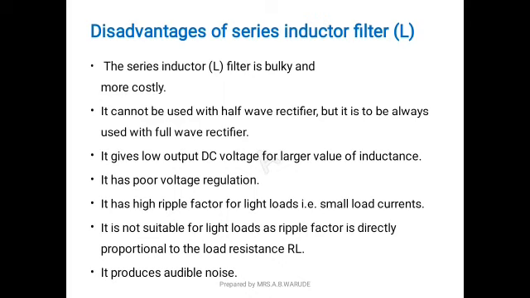Fourth, it has poor voltage regulation. Next, it has a high ripple factor for light loads, that is small load currents. It is not suitable for light loads as the ripple factor is directly proportional to the load resistance, and it produces audible noise at the output.